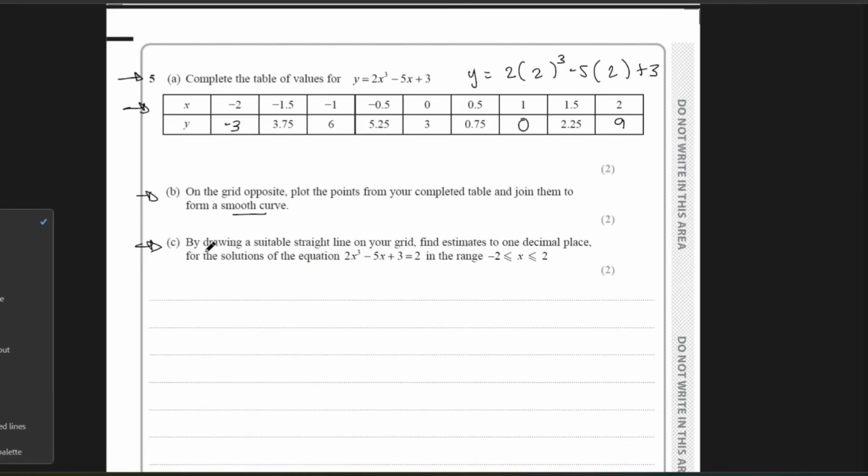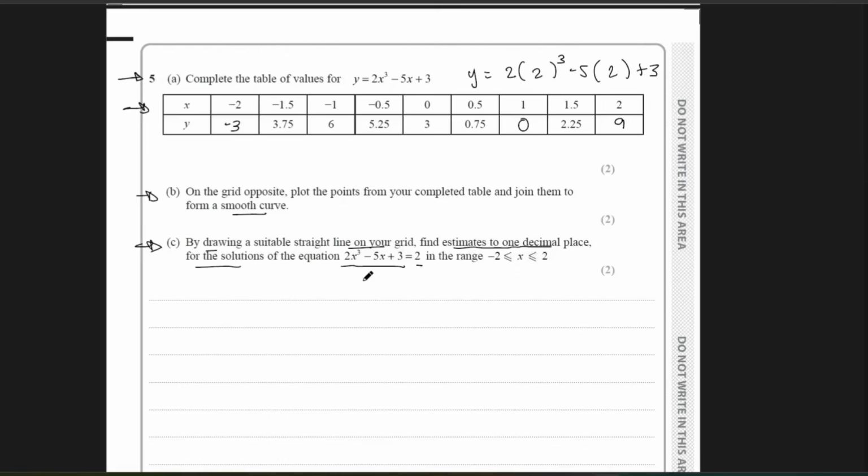Question C, by drawing a suitable straight line on your grid, find estimates to one decimal place for the solutions of the equation 2x cubed minus 5x plus 3 equals 2 in the range from -2 to 2 for x.